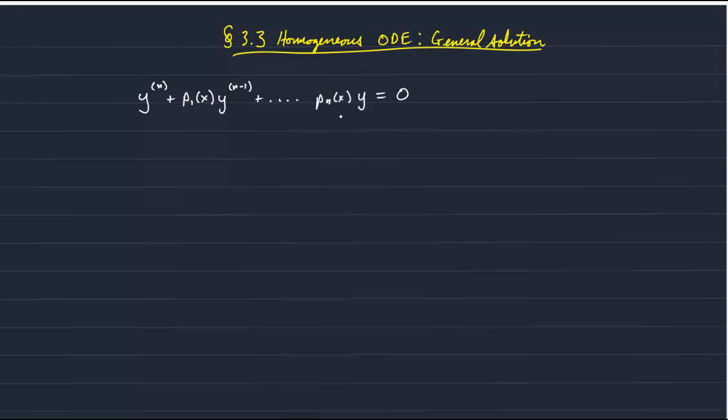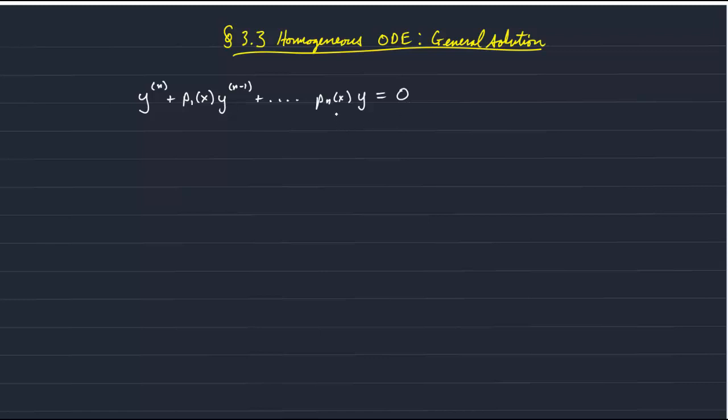So again, we put all the functions of y and its derivatives on the left-hand side. Anything that's completely independent of y we put on the right-hand side. And so this is homogeneous because there's no function that's completely independent of y.